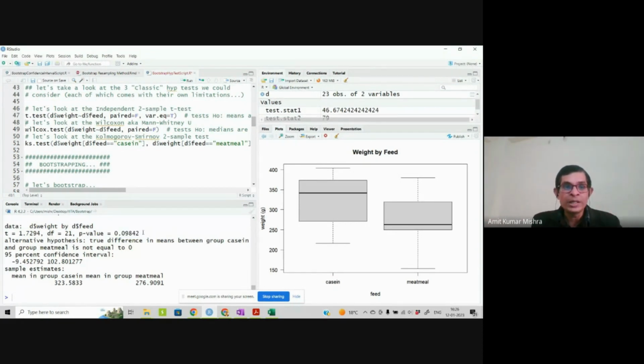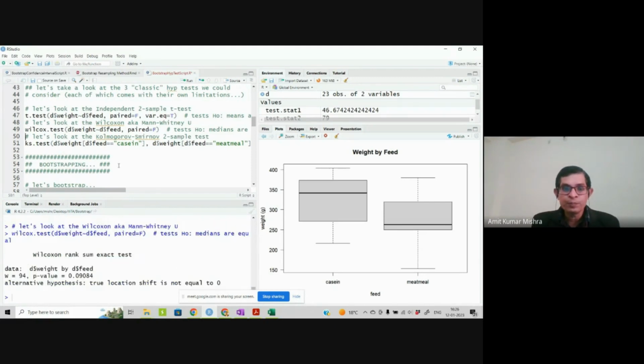This test tests whether the means are the same or not. If you apply the Wilcoxon test, here again the p-value is almost similar to the previous one, below 10% but above 5%. So again, from here you cannot say that the medians are different.